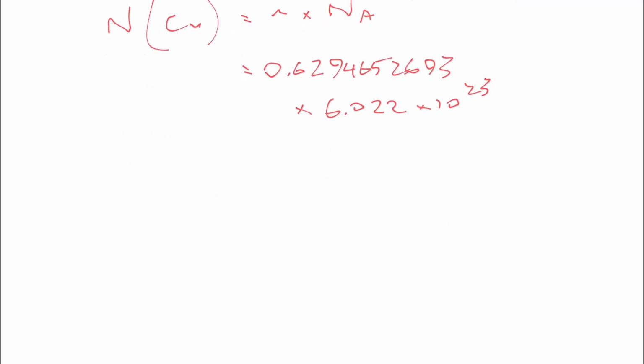And we're going to come out with the number of copper atoms of about 3.791. It's 3.790639851 by 10 to the 23, but I'm going straight to my rounding. 3.791 by 10 to the 23.